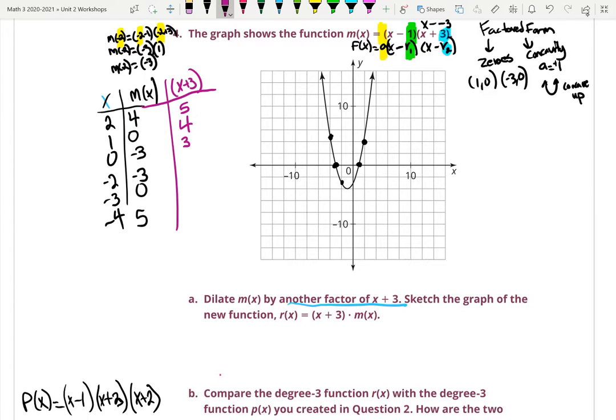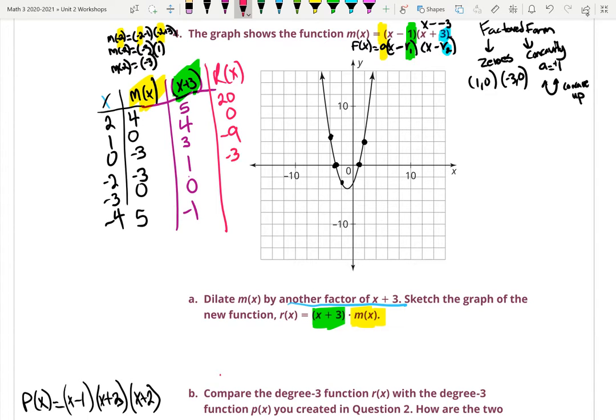Negative 2 plus 3, oops, 1, 0, and negative 1. Okay. Finally, to figure out what r of x is, I have to multiply m of x by x plus 3. This is going to produce 20, 0, negative 9, negative 3, 0, and negative 1.